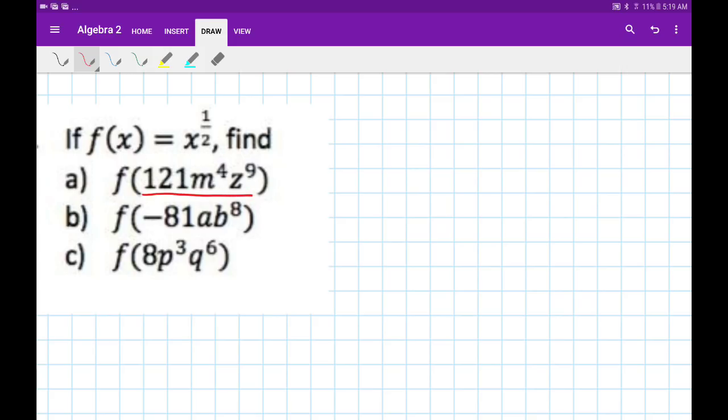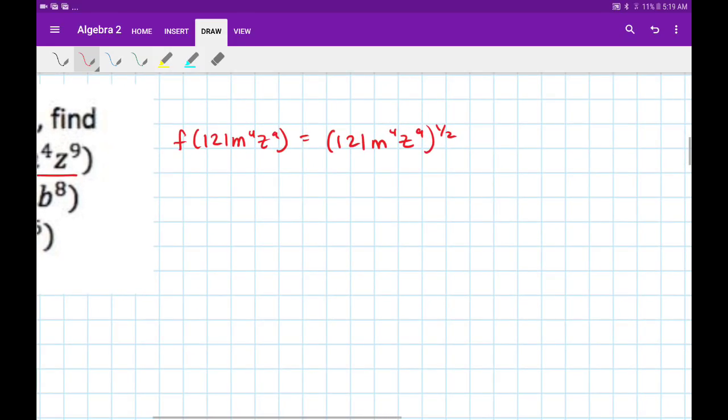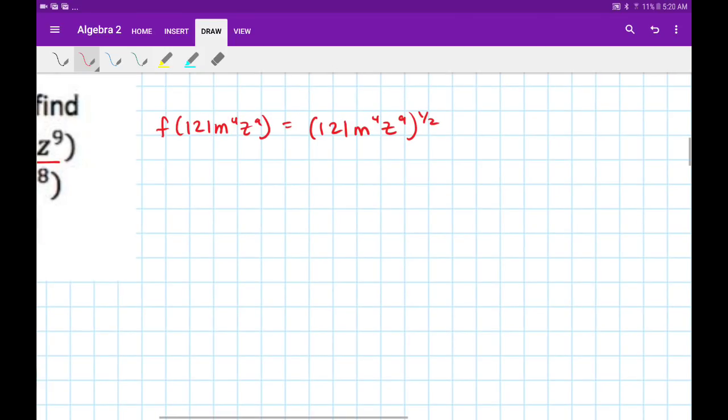So that means I'm going to be rewriting, instead of writing x to the 1/2, I'm replacing x with all this stuff. 121 m to the 4 z to the 9 all to the 1/2. All right. So that means that I'm taking the square root of all this.